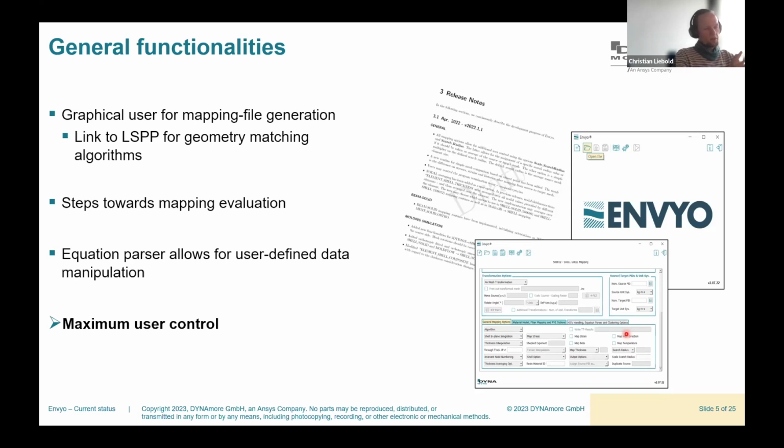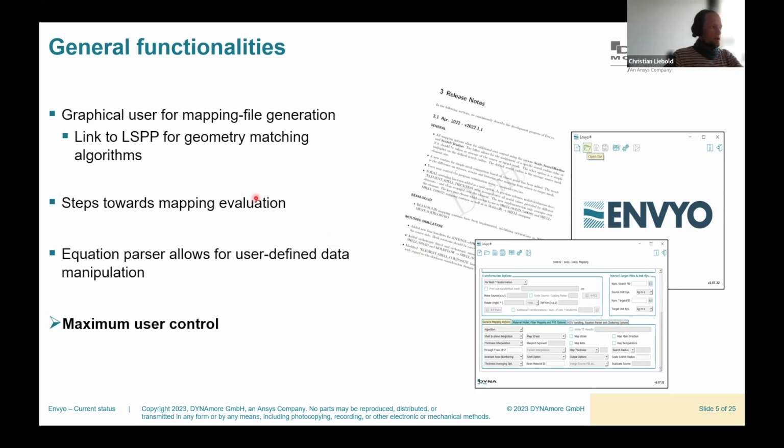And depending on which of these algorithms you choose, you have different options like general mapping options, material options for fiber mapping, or representative volume options, and further options for history-variable handling. You can use the equation parser, or you can activate clustering methods, which are sometimes needed, for example, in the area of grayscale mapping, which I will talk about in just a few minutes.